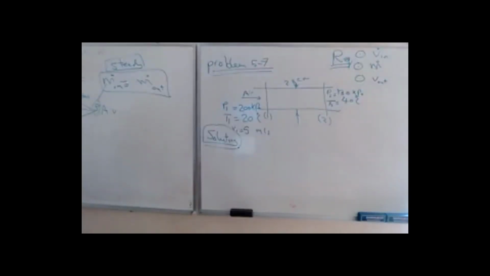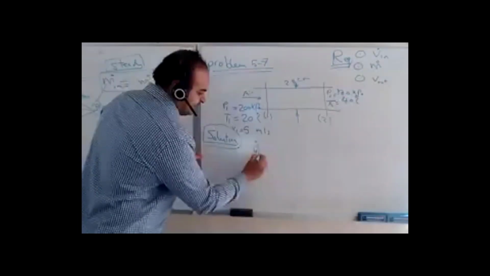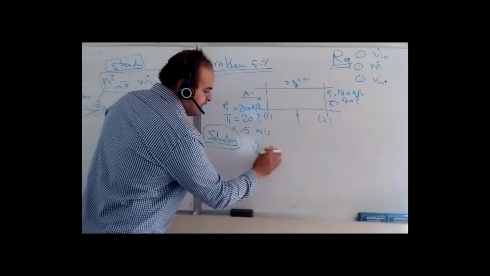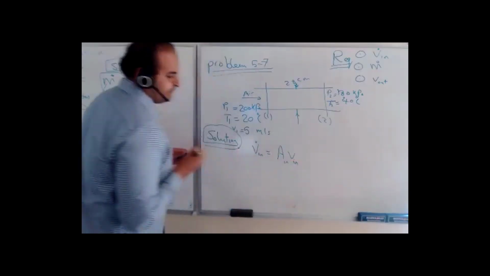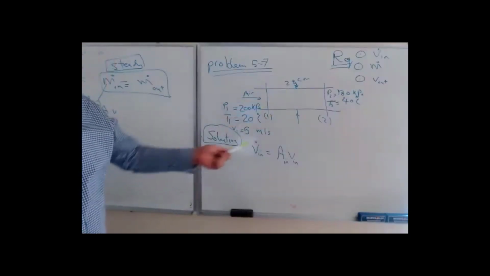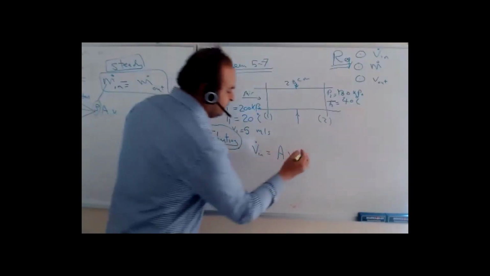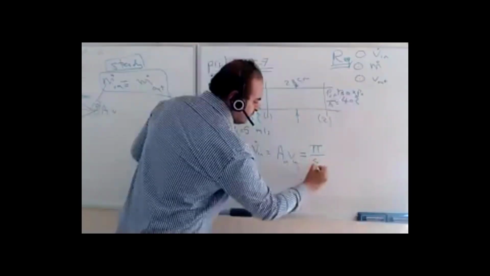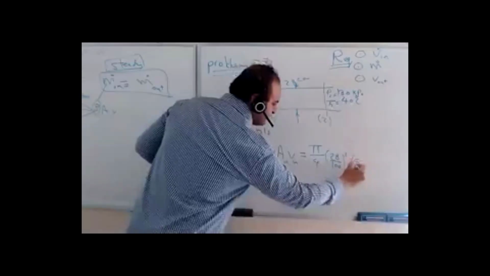Velocity may increase, maybe remains the same. We will see. So solution, the first one, please make sure that you know what you are doing. We need the volume flow rate at the inlet. Volume flow rate, always the definition, inlet, is A V, area inlet times velocity inlet. That's easy. Area inlet is given. We have diameter here, 28. So pi over 4 d square times velocity.